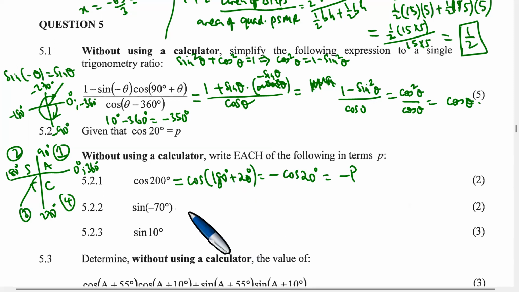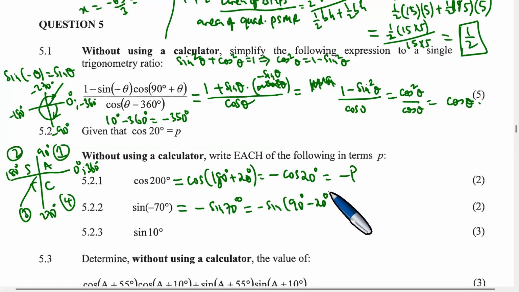What is the sine 70? So this goes out, which means it is minus the sine of 70 degrees. What is 70 degrees in terms of 20? 70 degrees is the same as 90 degrees minus 20 degrees, because 90 minus 20 is 70.